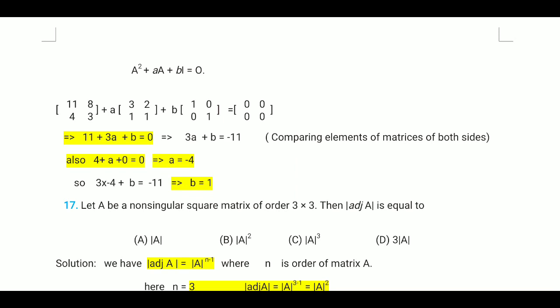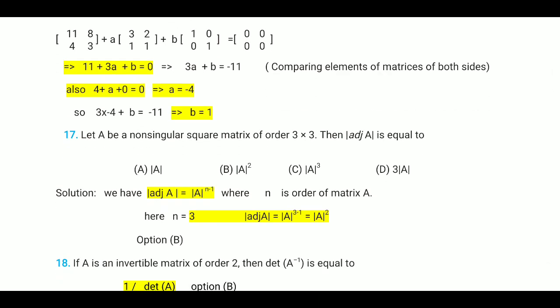Now question number 17, it is a multiple choice question. Let matrix A be a non-singular square matrix of order 3 cross 3. Then determinant of adjoint A is equal to, what will be the value?